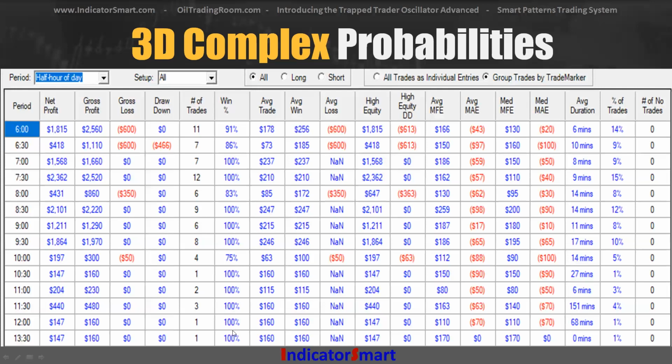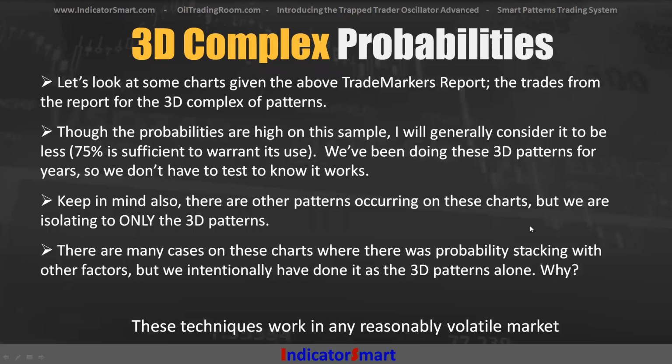These other periods later in the day are pretty rock solid, and in general it's pretty rock solid. This is the kind of thing that you want to see. It also gives me the duration that I'm in the trade and things like that. So given all that, let's look at some charts, given the above trade markers report.